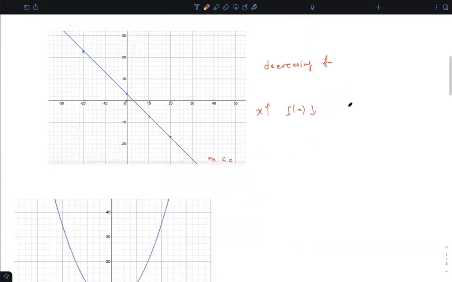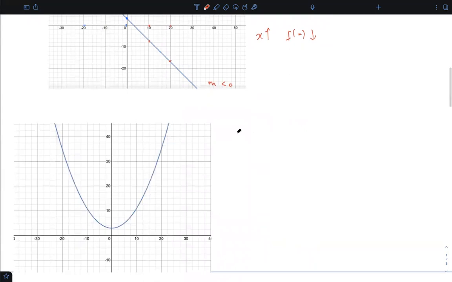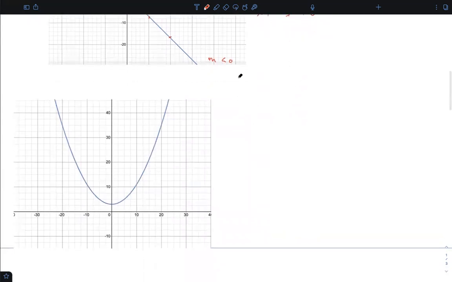Let us examine another function. So now we have a quadratic graph, a parabola. Now what do we see in this parabola? We see that in this region, from here up until the vertex, as x is increasing, y is decreasing, right?